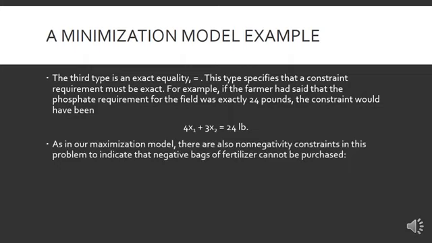As in our maximization model, there are also non-negativity constraints in this problem to indicate that negative bags of fertilizer cannot be purchased. So x sub 1 and x sub 2 is greater than or equal to 0.